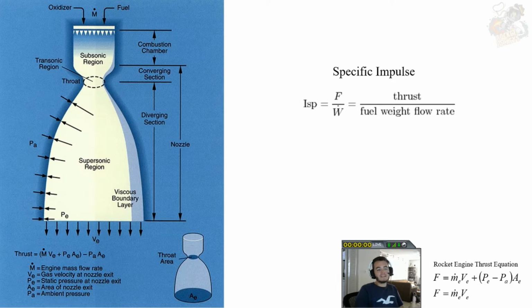Now, ISP is important because it fits into the thrust equation that we have right there. It fits because we have that F term, that force, that thrust term, in the ISP equation. So you can manipulate the ISP equation to fit ISP into your thrust equation. It's important to note that ISP is equal to your exhaust velocity divided by gravity.